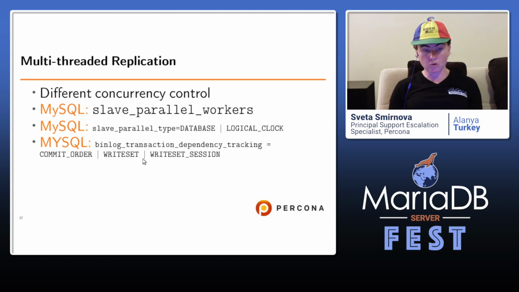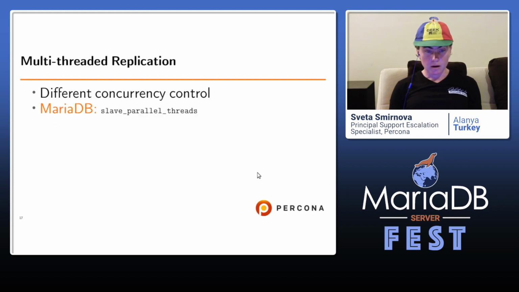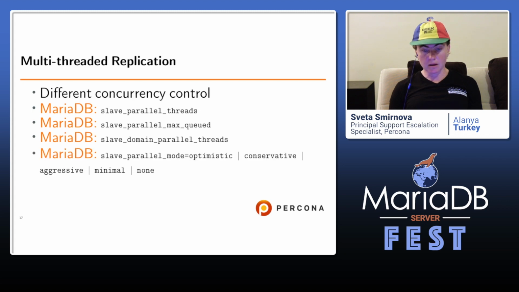It also has the binlog transaction dependency tracking variable, which can be used for better management of parallelization of multi-threaded replication. In MariaDB, the options are different. It's called slave parallel threads. Then there is the domain, for multi-source replication.